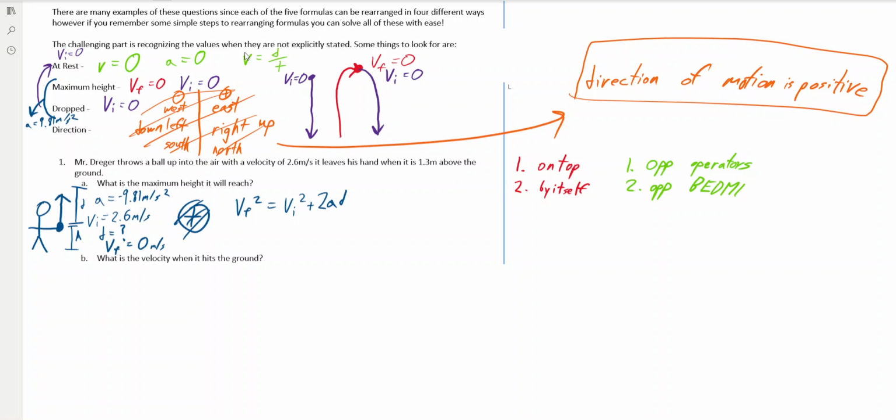Considering this situation, that means we are subtracting by VI squared. Hopefully this makes a little bit of sense. We're subtracting by VI squared because it's adding here. Adding is the first thing on our opposite order of operations. So this gives us VF squared minus VI squared equals 2AD.